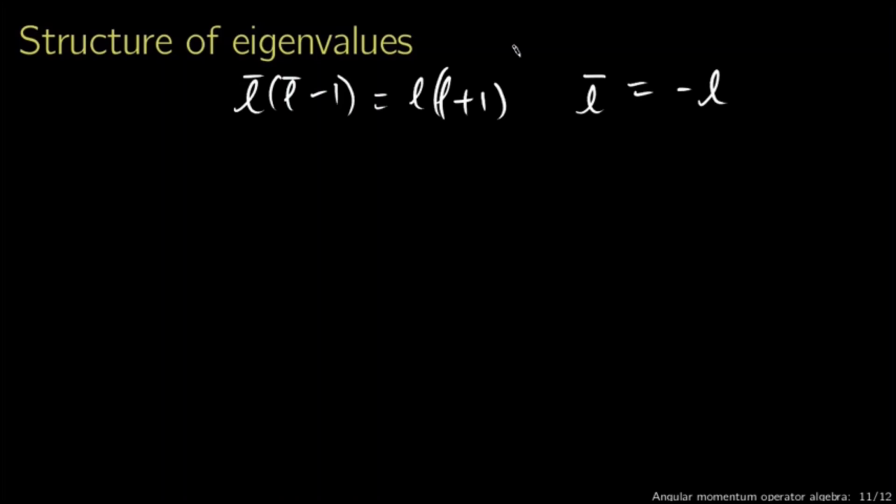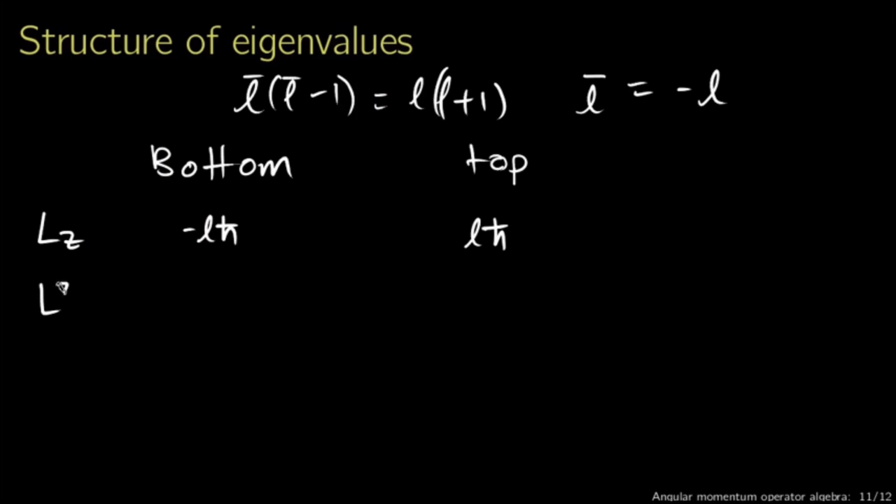So if l bar is going to be minus l, that means we have the two ends of our ladder defined. Going from the bottom to the top, the eigenvalue of Lz that I have for the bottom is going to be minus l h bar, and for the top is going to be l h bar.